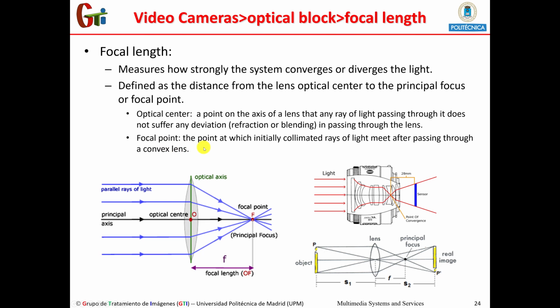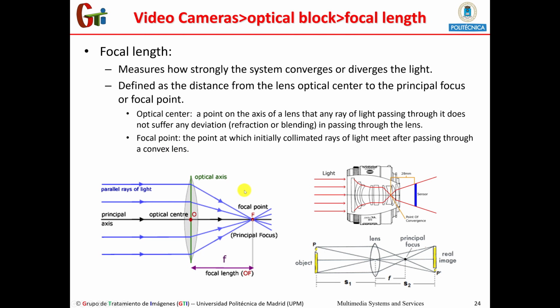Regarding the focal point, it is precisely the point at which different coherent collimated rays coming from the same object meet after passing through the convex lens.